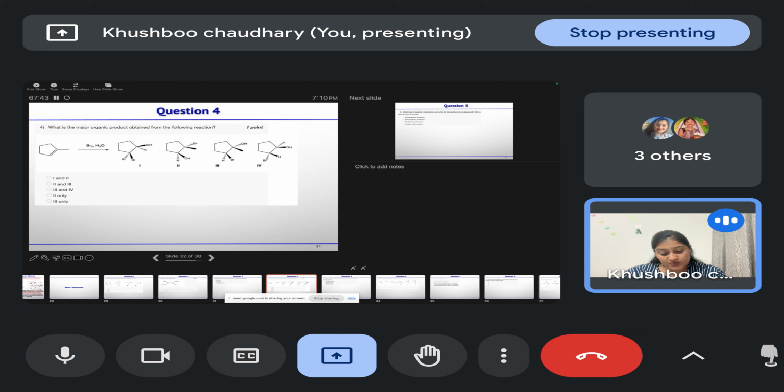The next question is, what is the major organic product obtained from the following reaction? So what is the first step?